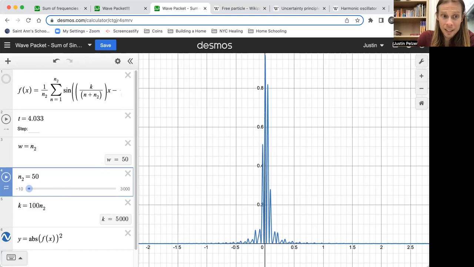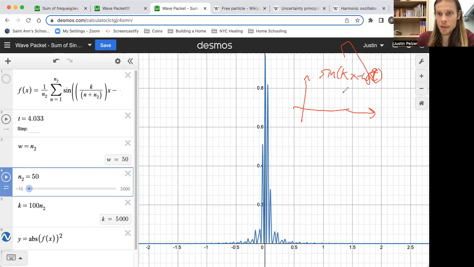For a single sine wave, sine of kx minus omega t, a single one, careful, a single sine wave, since the value of k is known, the momentum, h bar k, is known.